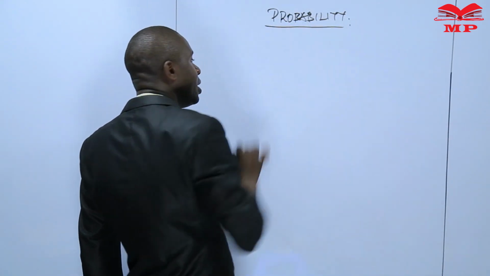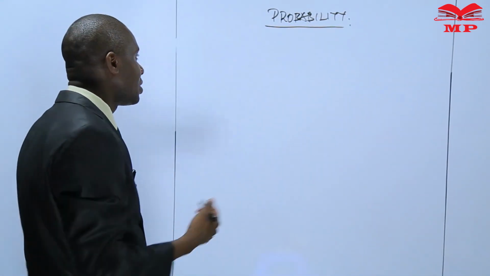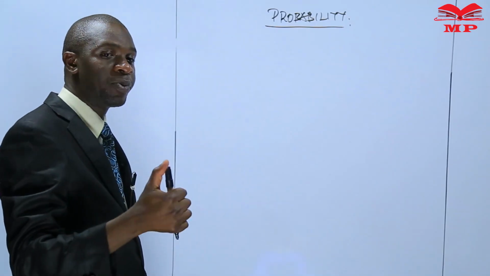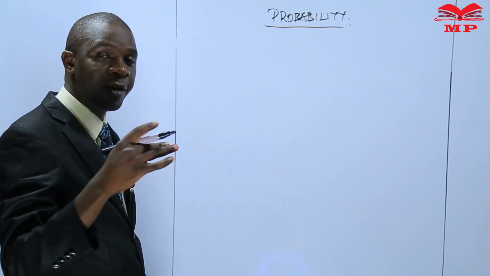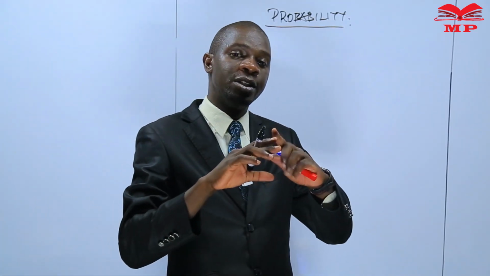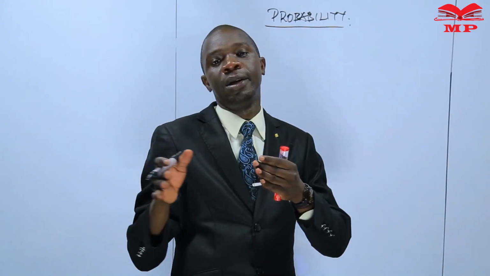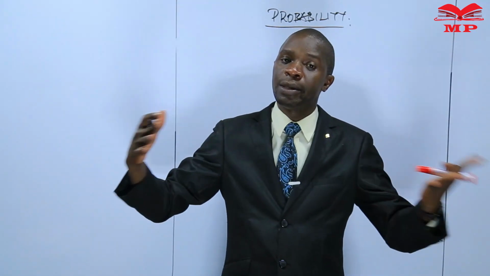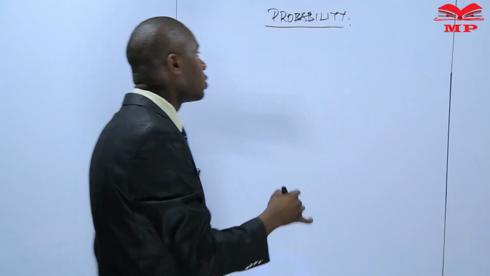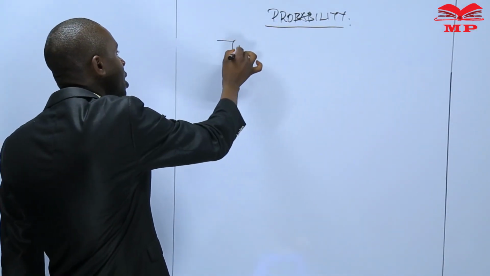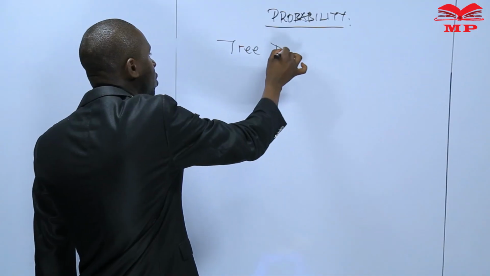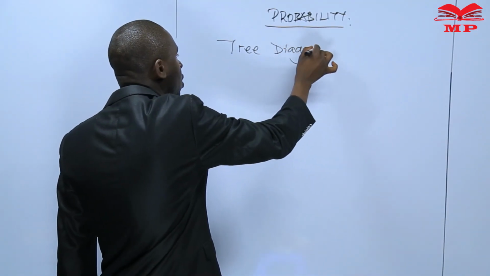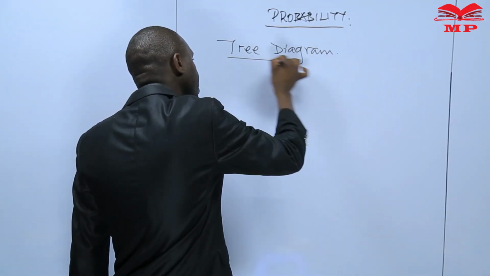We can have a sample space, and we had agreed we can represent it first of all by using columns or rectangles that show us the total number of outcomes, but we can also use a tree diagram. So today I want us to look at what we call a tree diagram.